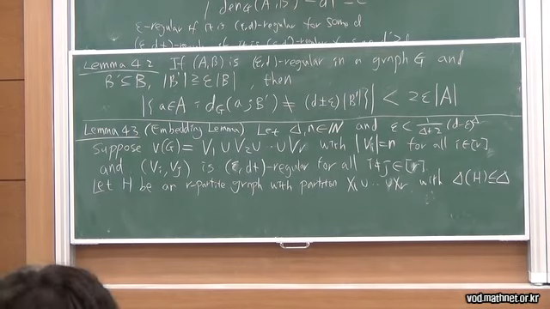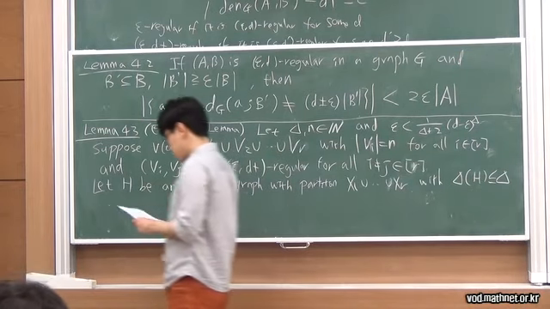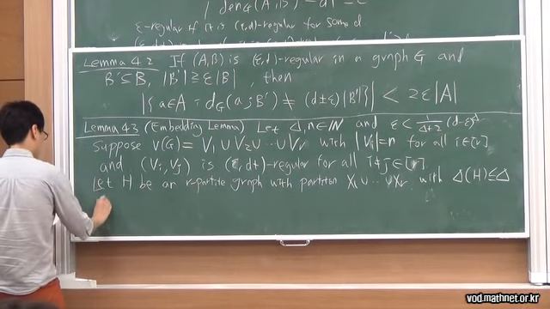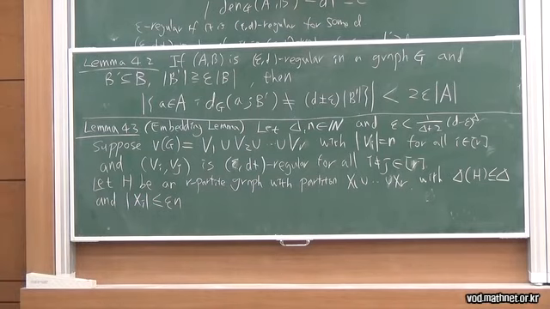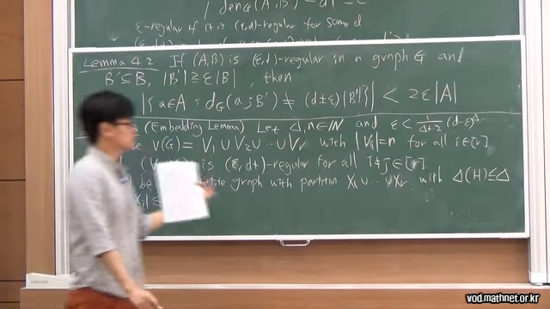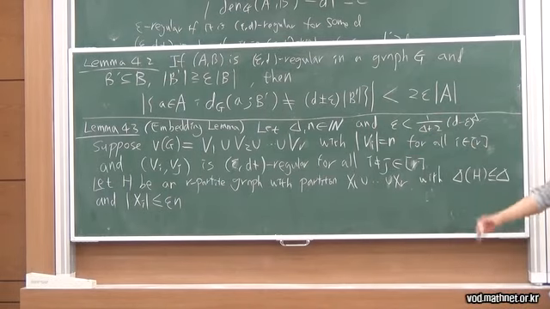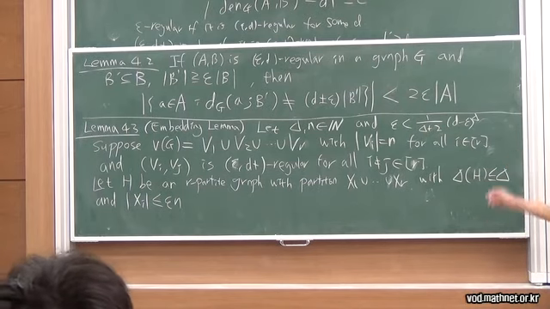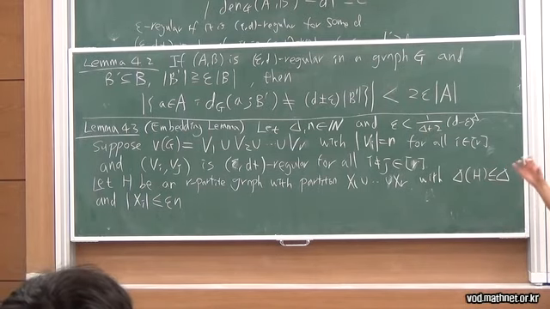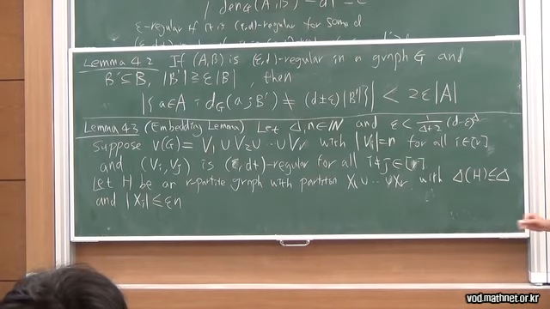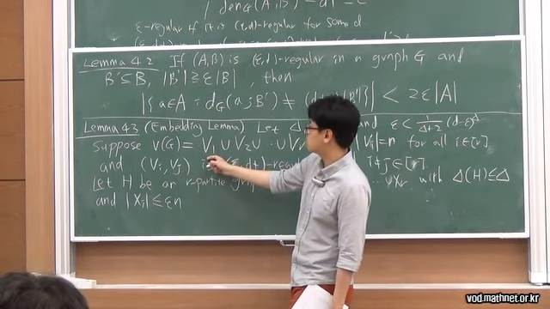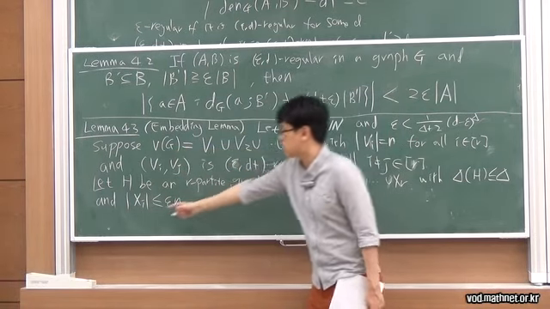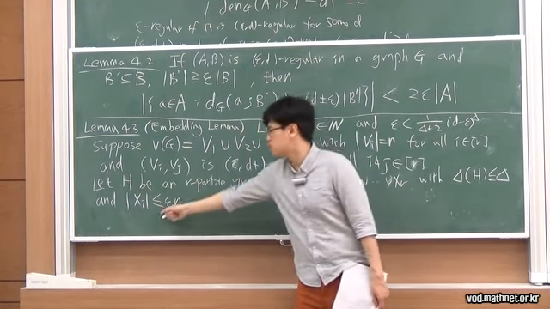Otherwise, it is very hard to embed a dense graph into another graph. And let's say each Xi is smaller than epsilon n. Remember that we are now considering the case where the size of H can also grow with n. But we still ensure that H is sufficiently smaller than G. Vi are the parts in G, so Xi is still smaller than some constant times n.